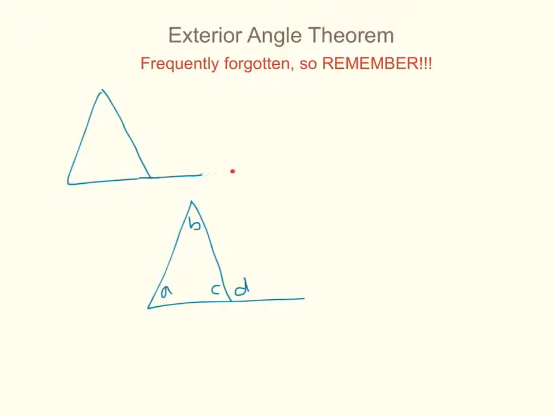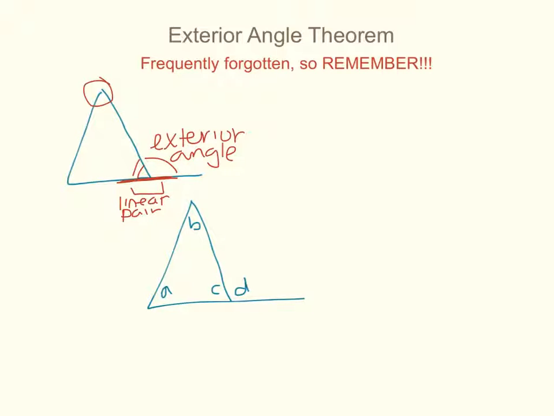When I extend this line here, this angle right here that's formed is called the exterior angle. Okay, so this is my exterior angle out here. These here, as we know, are a linear pair, because they add up and make up a straight line.